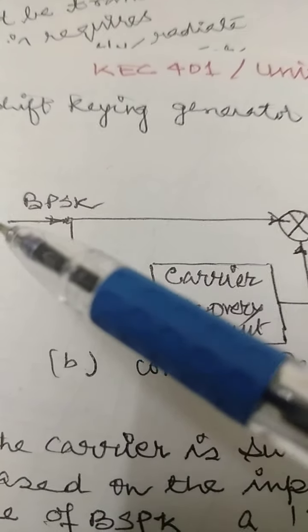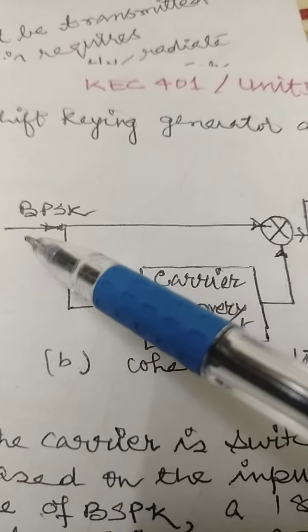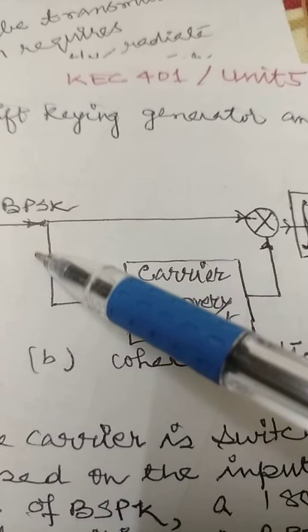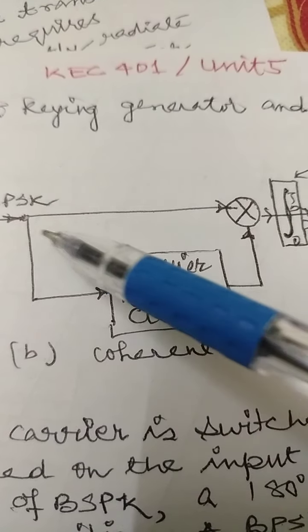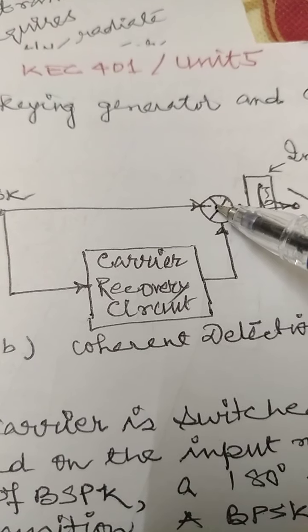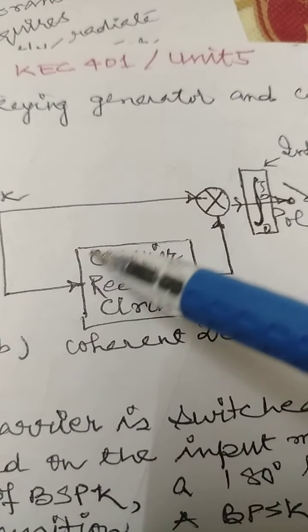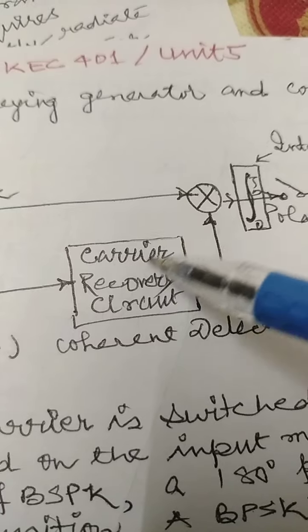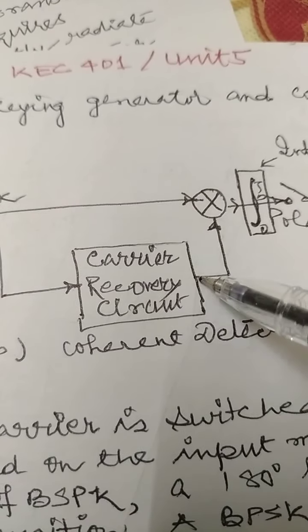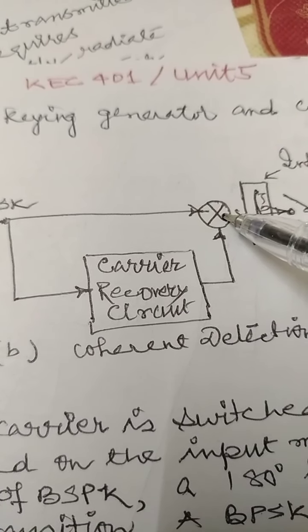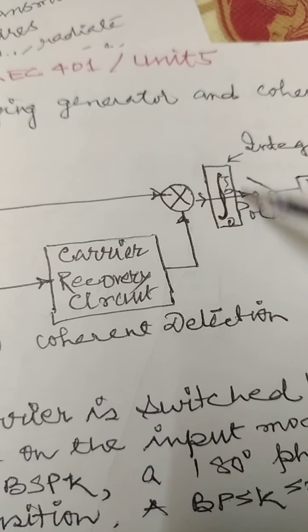So the BPSK modulated signal is coming at the receiver end on the detector side, and it goes into the product device. Here we have recovered the carrier signal, and the same carrier signal is to be multiplied here, and then it is to be integrated.